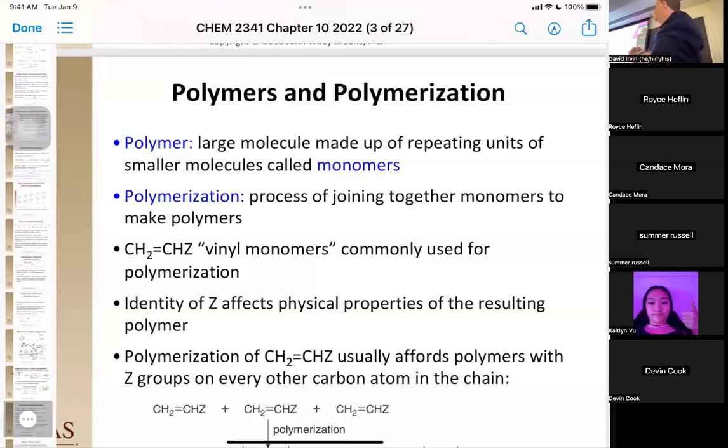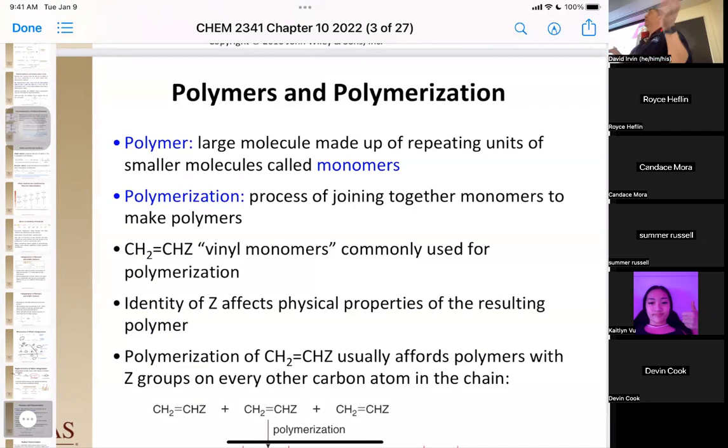Okay, and so the process of actually producing a polymer is called the polymerization. We're making a small molecule into a very long, big molecule. Okay, and so what we can say is that, let's say your molecule weighs 100 grams per mole. If you took two of them together, it weighed 200 grams per mole.